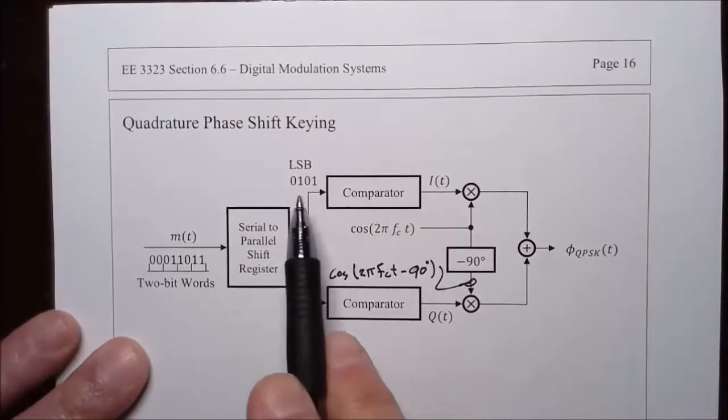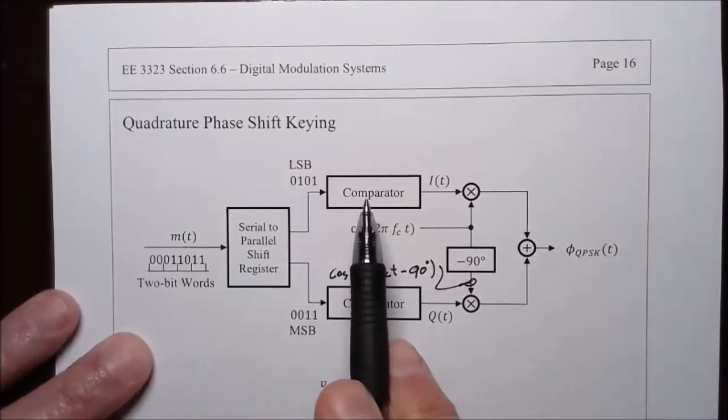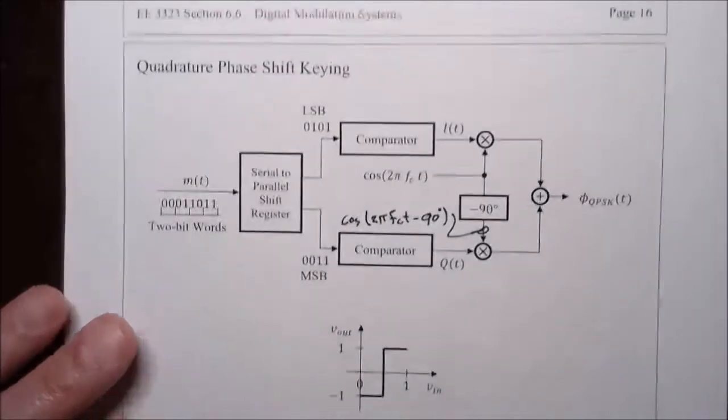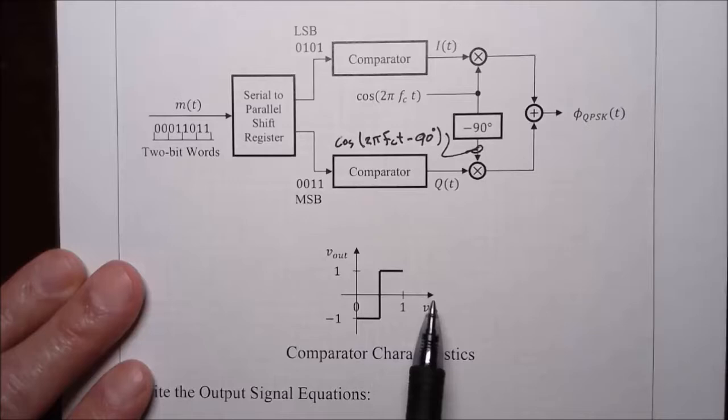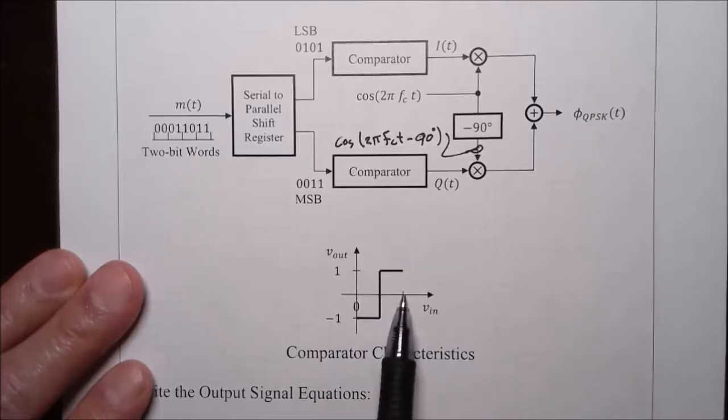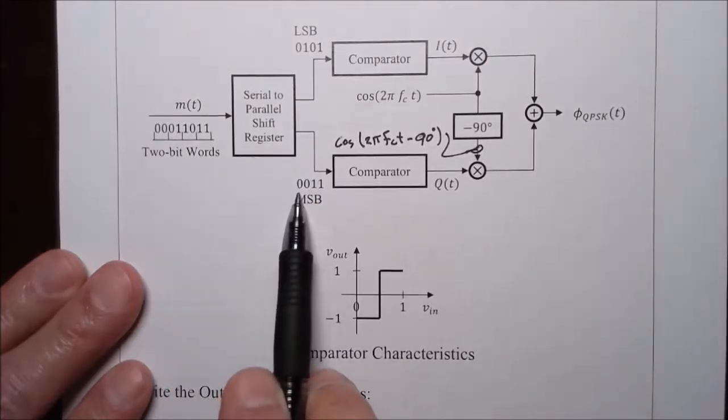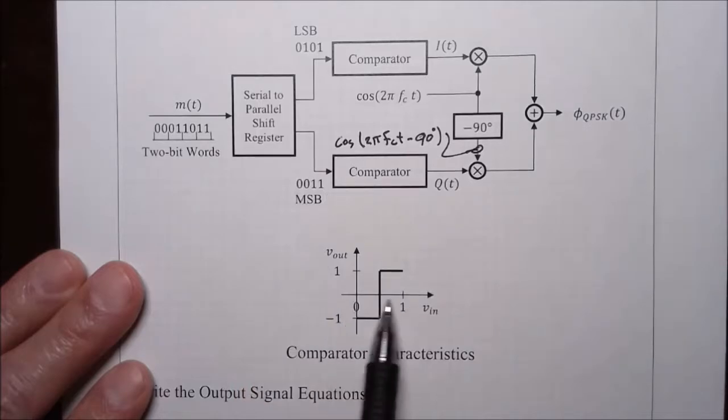And this binary stream is then the input to a comparator, and the comparator maps the input voltage, either 0 volt or 1 volt, corresponding to logical 0, logical 1. A logical 0 maps to minus 1 volt, and a logical 1 maps to plus 1 volt.